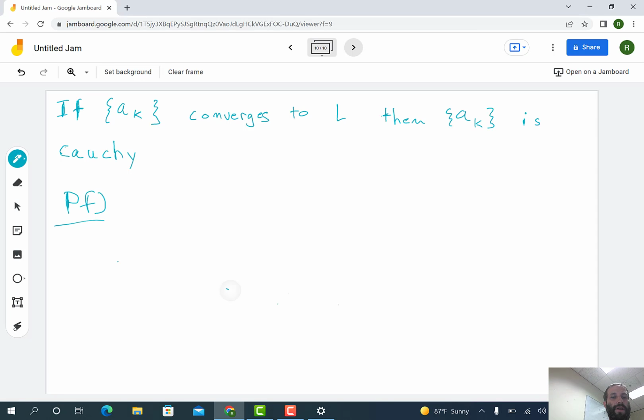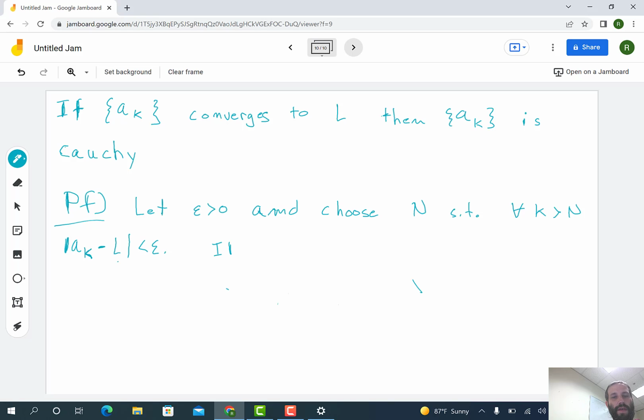Okay, so proof. Let epsilon be greater than 0 and choose n so that for all k greater than n, |a_k minus L| is less than epsilon.